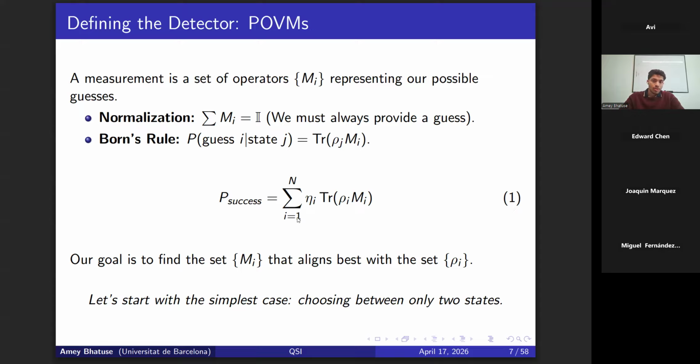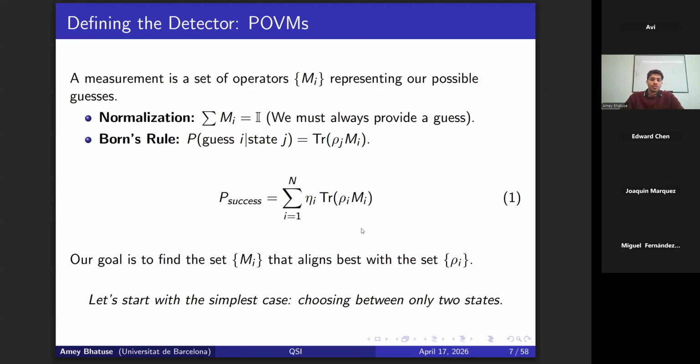And the total probability of success will be the sum over i of eta i, the prior probability, times the trace. Now, we know this is the formula, and we know the state, we know the eta, but what we don't know is the measurement operator. So our goal is to find a set that can align best with the set of quantum states that you have.